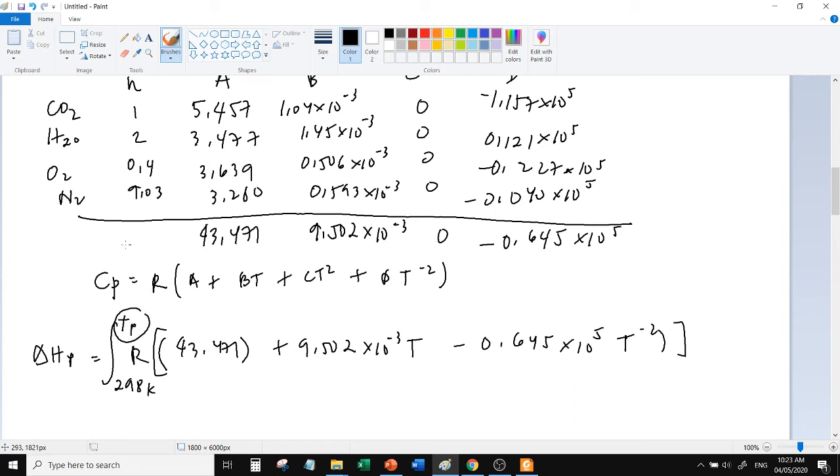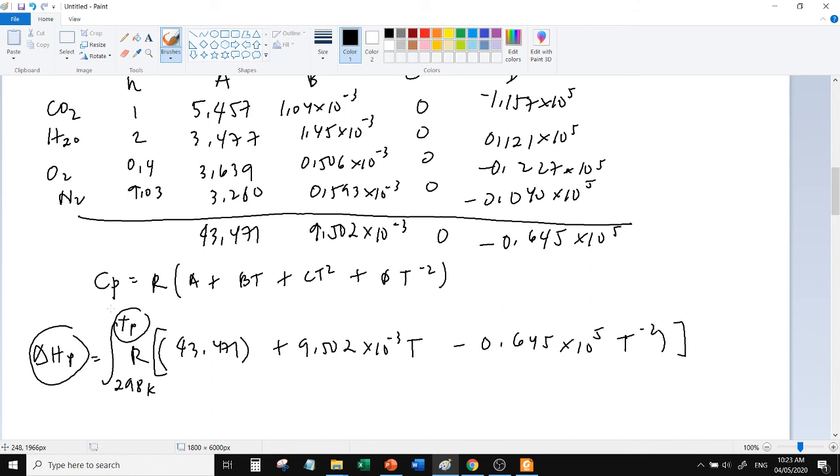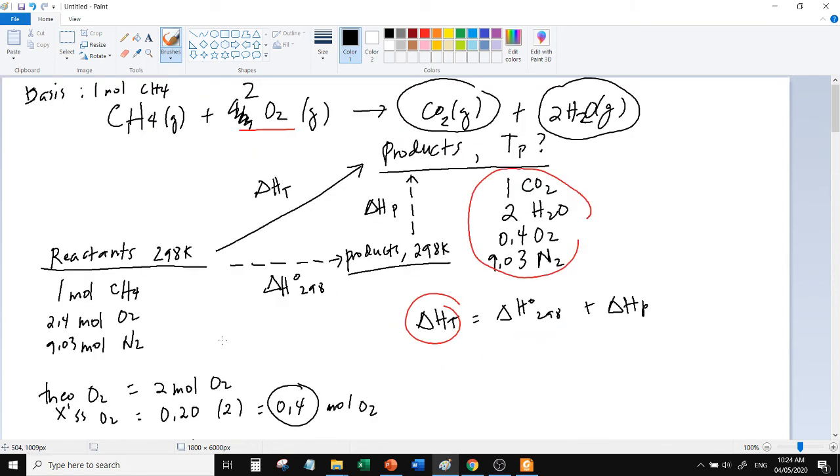So, dalawa na tuloy yung unknown natin, yung TP tsaka yung delta HP. Pero, unknown nga ba yun? Yung saan natin makukuha siya? Okay. Yung delta HP.